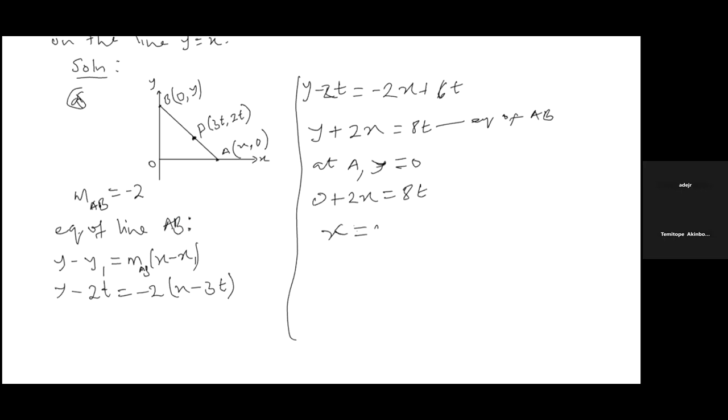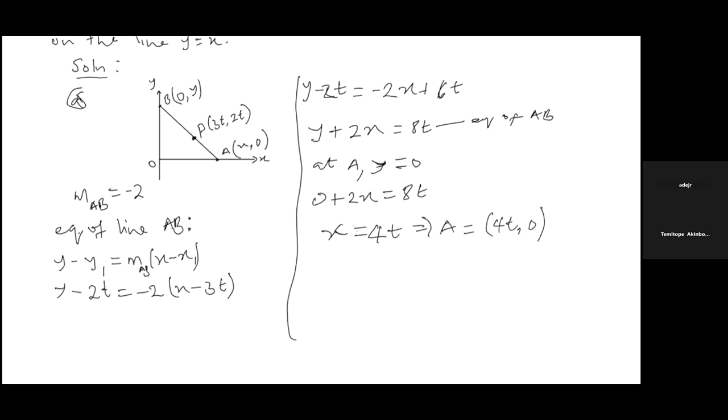So I know the two coordinates of A now. So that means the coordinate of A is 4t, 0, which implies that A equals 4t, 0.